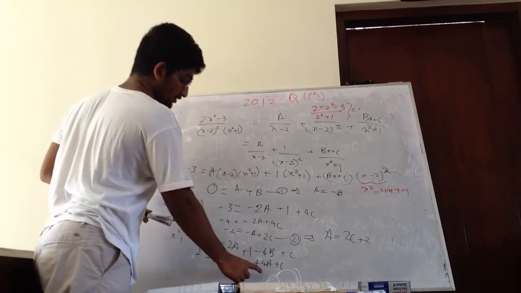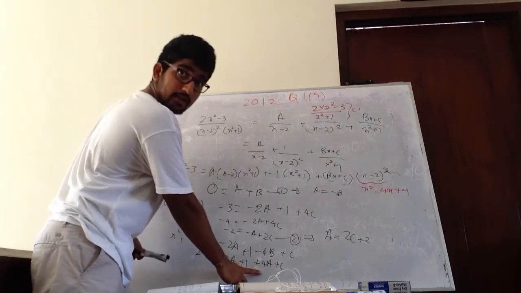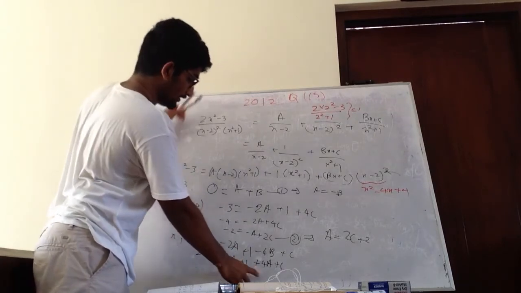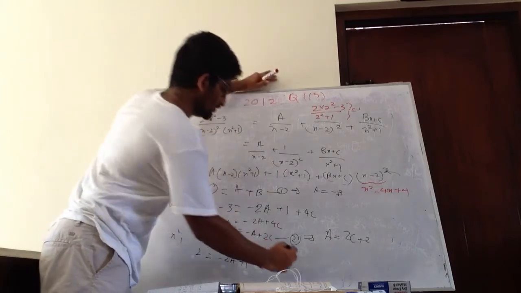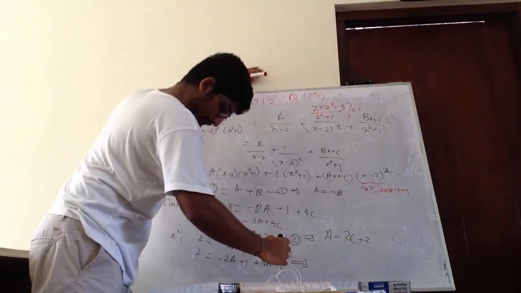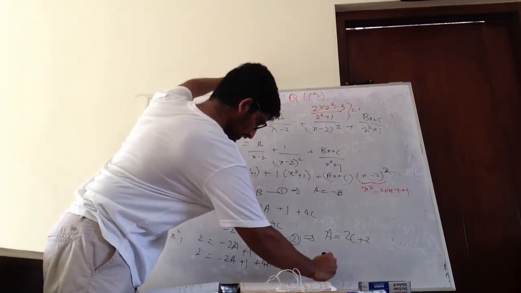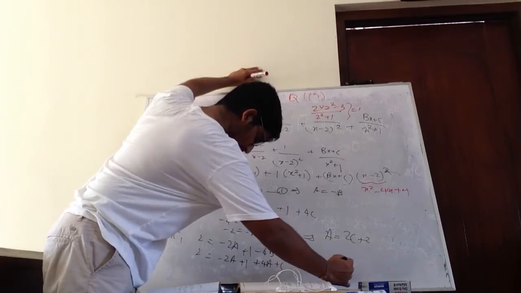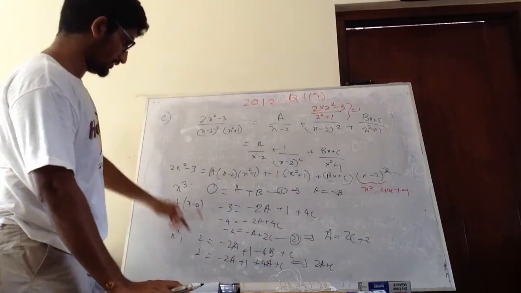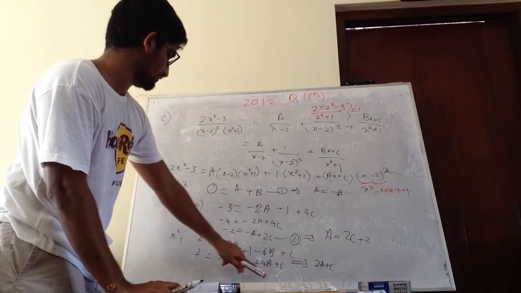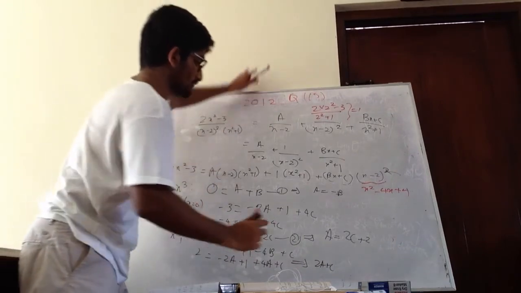Right? So this will be 2a, this will be c. So you will get an equation as 2a plus c plus 1 equal to 2.